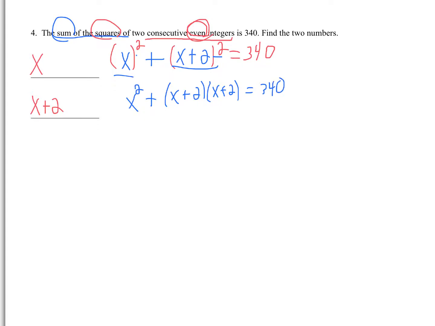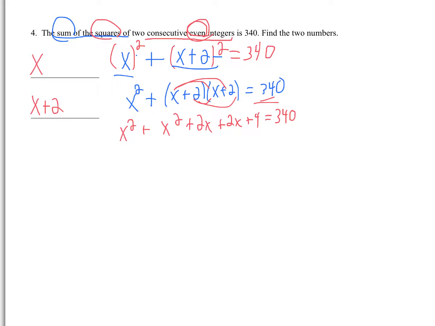Unfortunately, because one side isn't 0, we have to multiply this out. So x squared plus x times x is x squared, plus 2x plus 2x plus 4 equals 340.